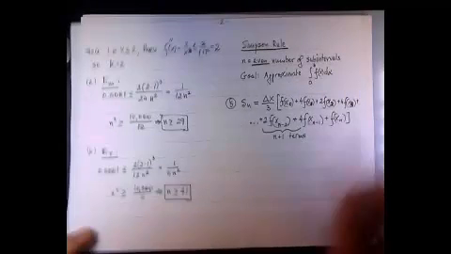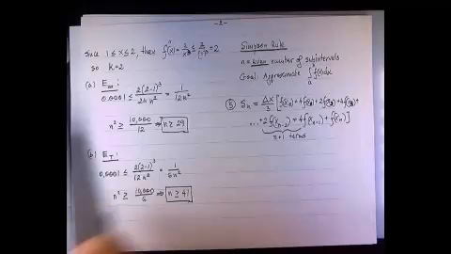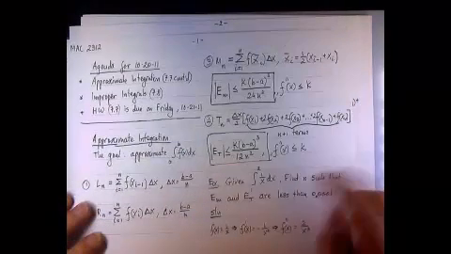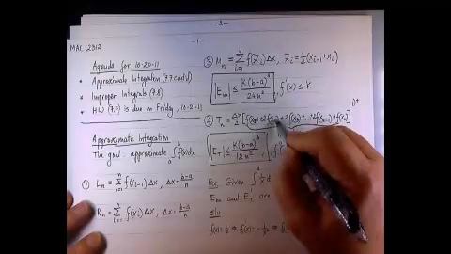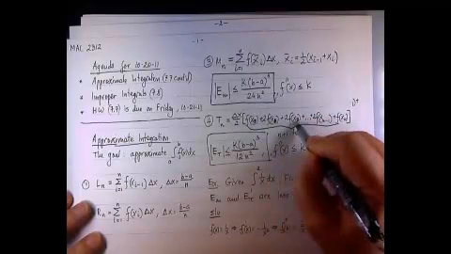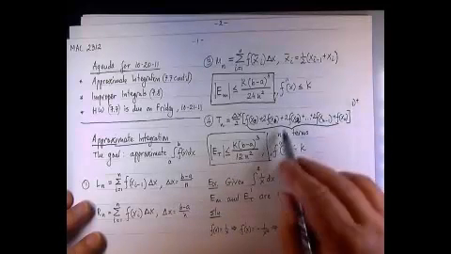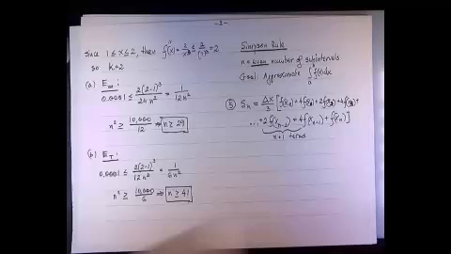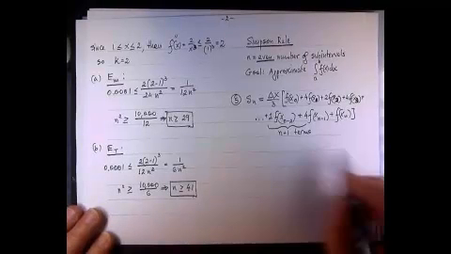So we need to start with 0, and then go to 1, and then go to 2, and then go to 3. And also, this will be true for this one here. We need to start with 0, 1, 2. The rest is correct. That's how we get the n plus 1 terms.